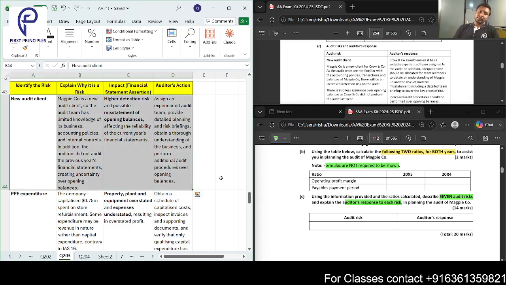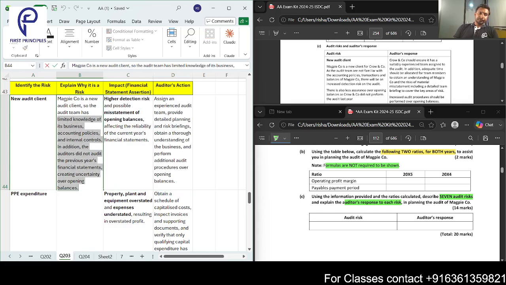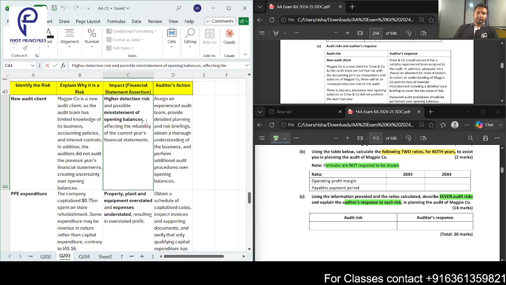Okay, let's go through this one here, Tia. Why is the new audit client a risk? Yes.